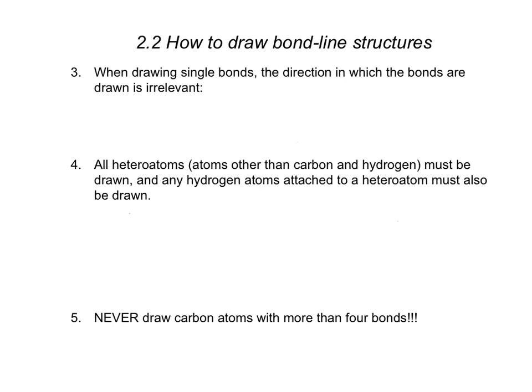Okay, so a couple other little things to note. When we draw single bonds, the direction that we draw them in, and this is what I tried to illustrate in that first example, the direction that we draw them in is kind of irrelevant. So for example, let's say we had a structure that looked like this, right? So let's say I could draw that like that. I could also equivalently draw that like this.